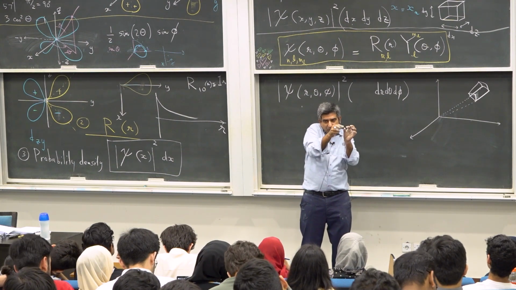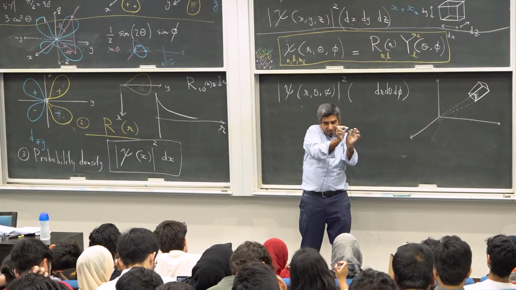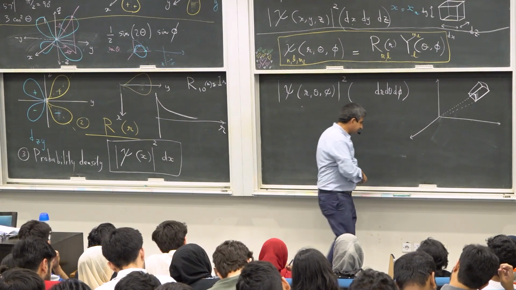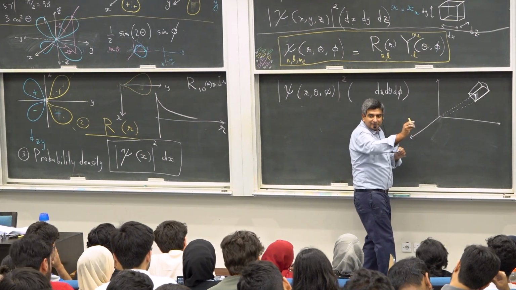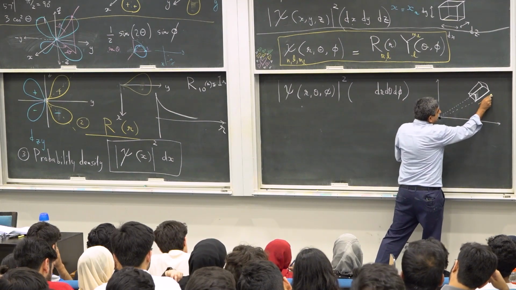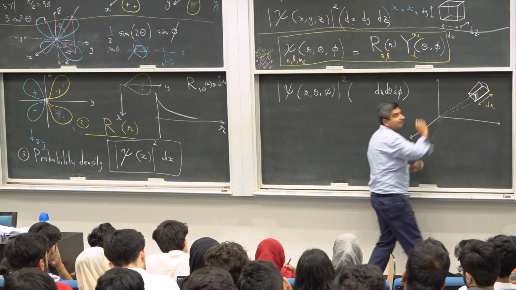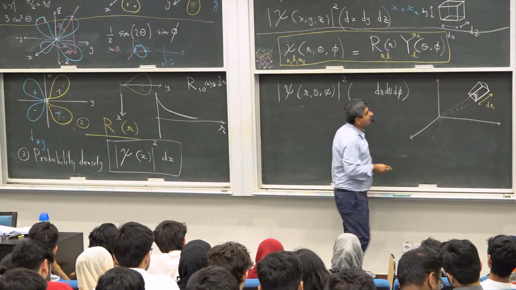So that small section that remains, that small square on the peel, is my volume element, which has a certain radius. I mean, this is a length dr, right? A small length dr.